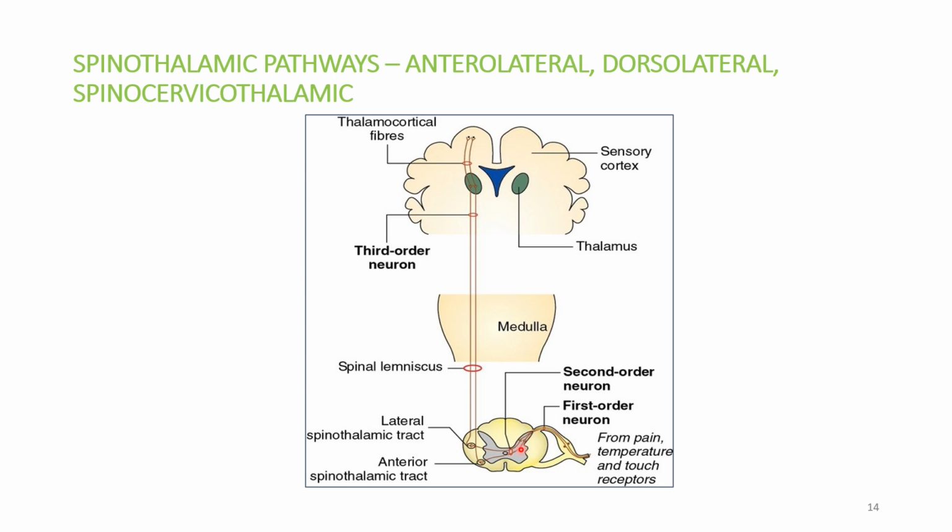Then the second order neuron will start and it will cross the midline and they will form the anterior spinothalamic tract or anterolateral tract and lateral or dorsolateral tract, and they will form the spinal lemniscus. The second order neuron will end in the thalamus and the third order neuron will form and it will end in the cerebral cortex.